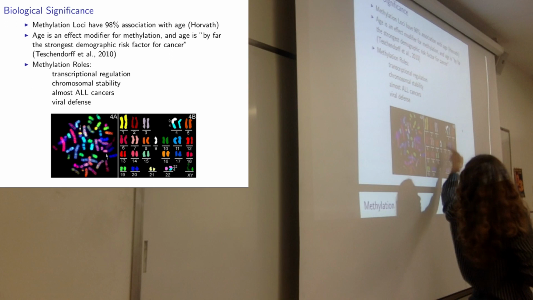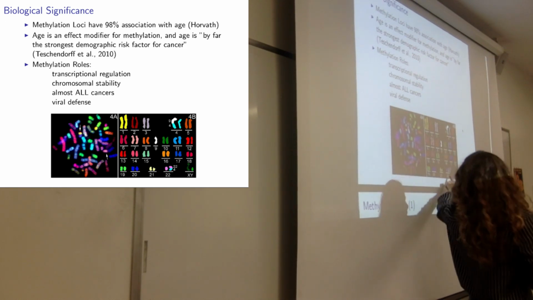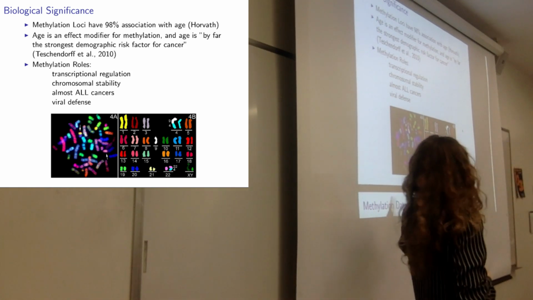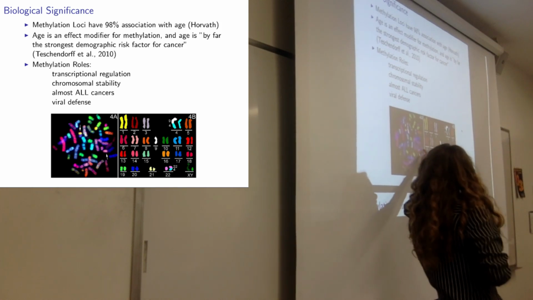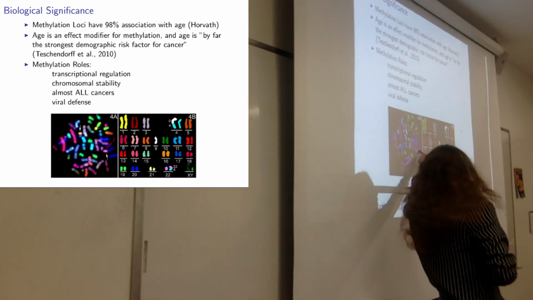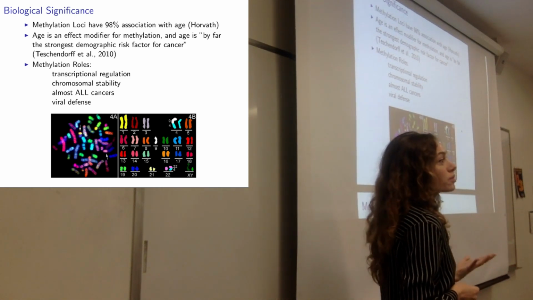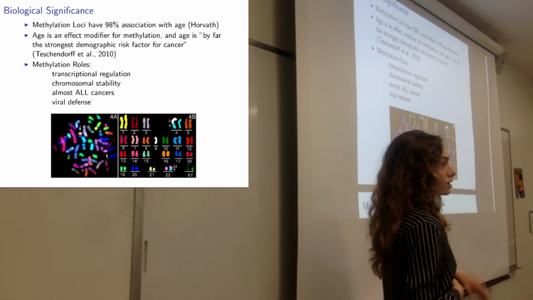So here you're missing chromosome 9, and it actually fused to 4, and then here you have another piece of 4 down here with 22. And this is very common in cancers, which they're pointed out here and here, where you can kind of see this blue. I don't know if that's too dark on the screen. But this is just an example of what it would look like for chromosomal instability with regard to methylation not being regulated properly.